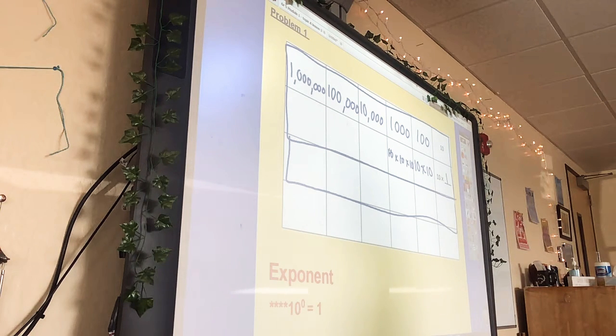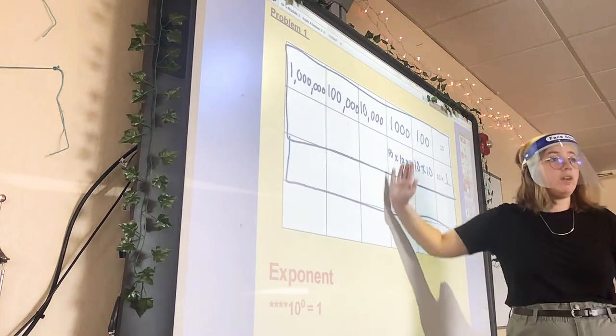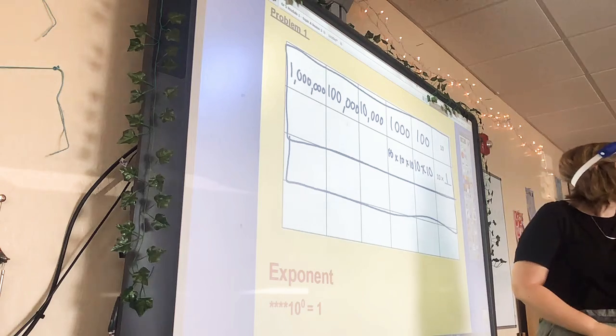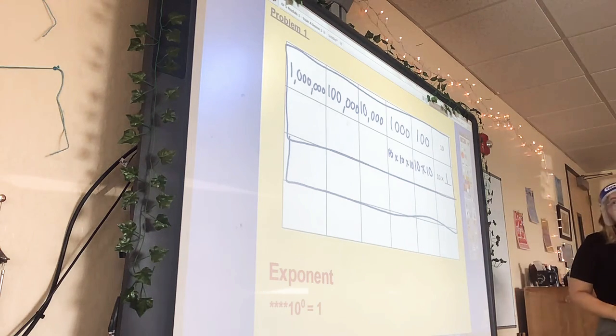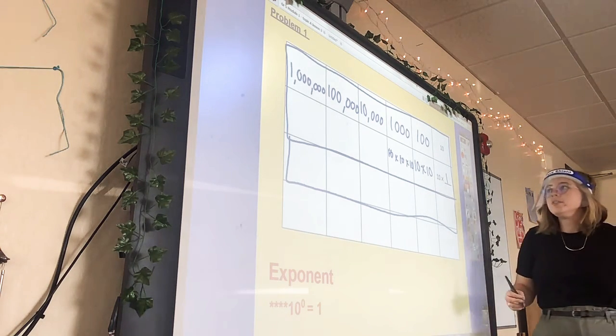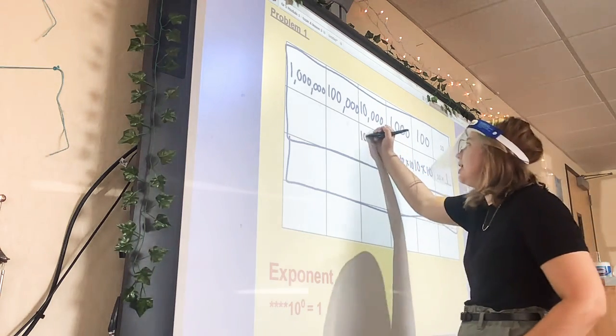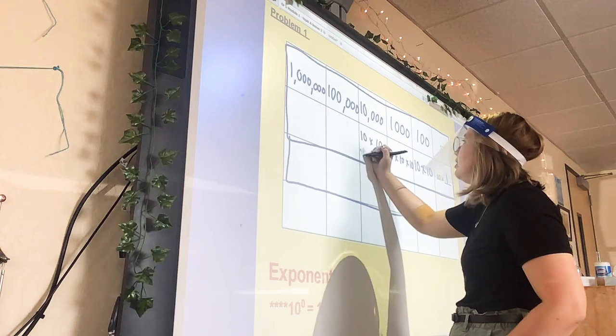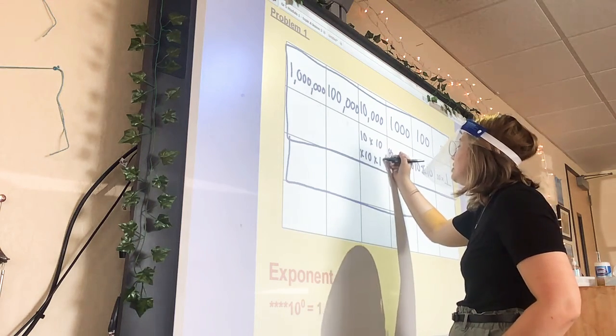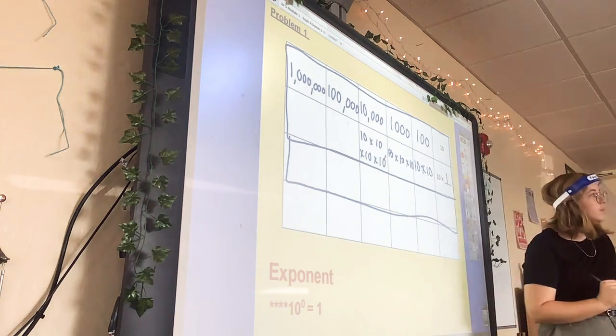Think about place value chart, okay? When we move up on a place value chart, it's by 10, right? So if this is 10 times 10 times 10, this one is 10 times 10 times 10 times 10. 4 tens, okay?